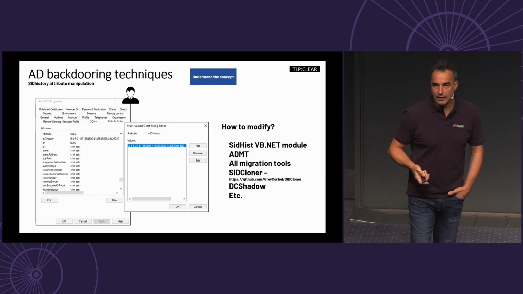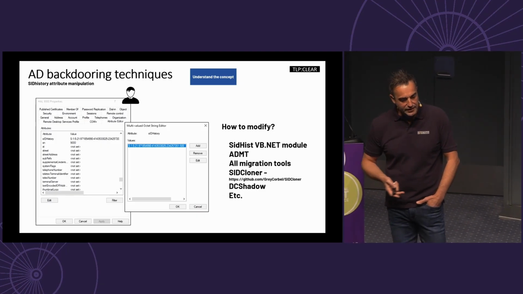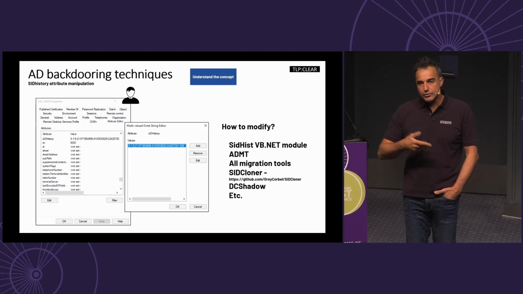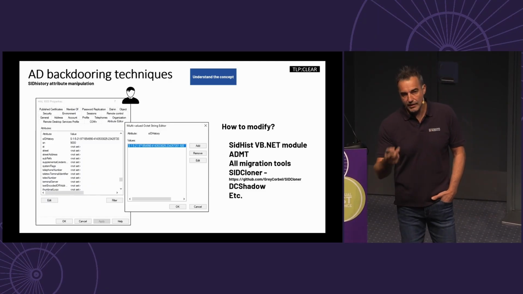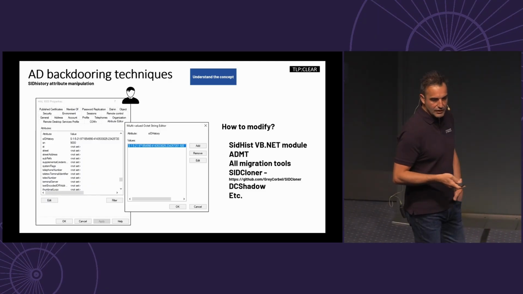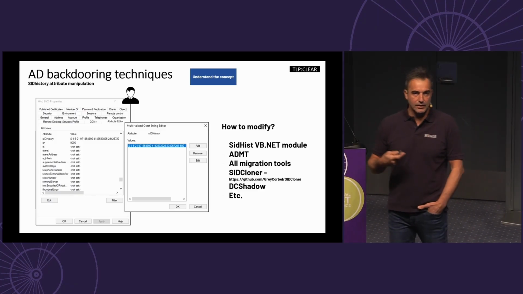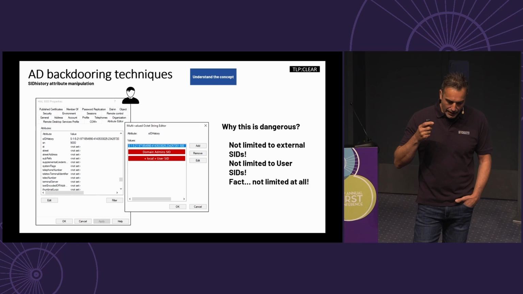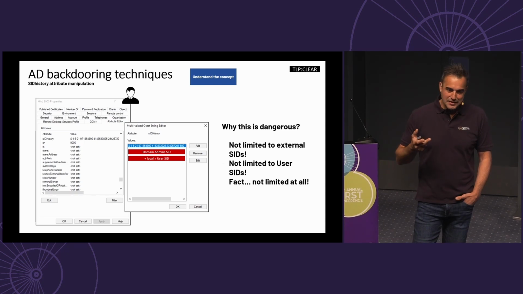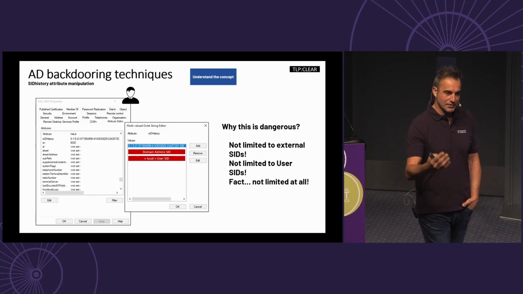You can use stuff like Mimikatz, doing DCShadow plus DCSync. You can use all the migration tools, including ADMT, which is provided by Microsoft itself. So at the end, if you are in a domain dominant status, it's not so difficult to change this value. But the thing is, and it's crazy, it seems weird if you think about how Microsoft designed this.